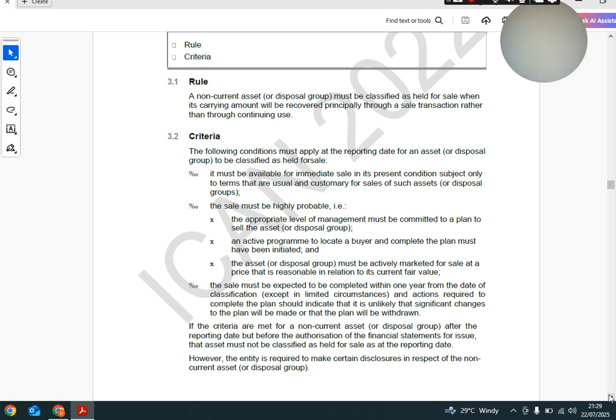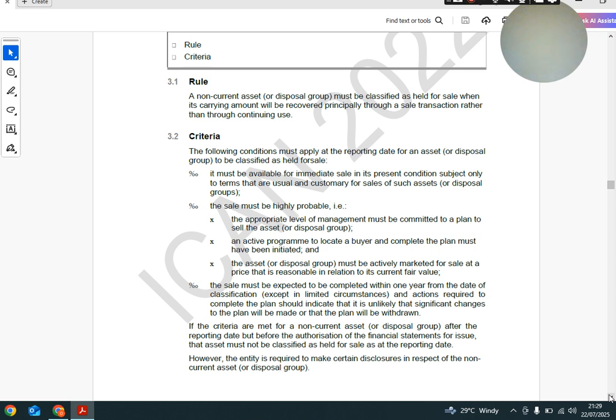Management must agree that we want to sell this asset. Are we following? Yes, sir. All right. Not just any management, but relevant management, the people that have the decision making powers or authority, must agree that we want to sell this asset.